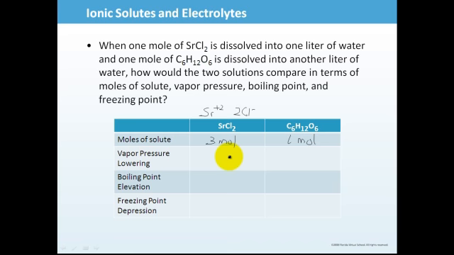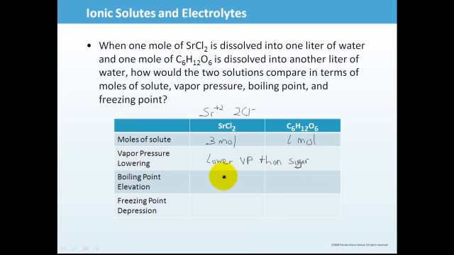So for vapor pressure lowering, the SrCl2, because it has 3 moles dissolved, is going to have a lower vapor pressure than the sugar. Sorry, I was mixing my U and my G together there. Lower vapor pressure than the sugar.